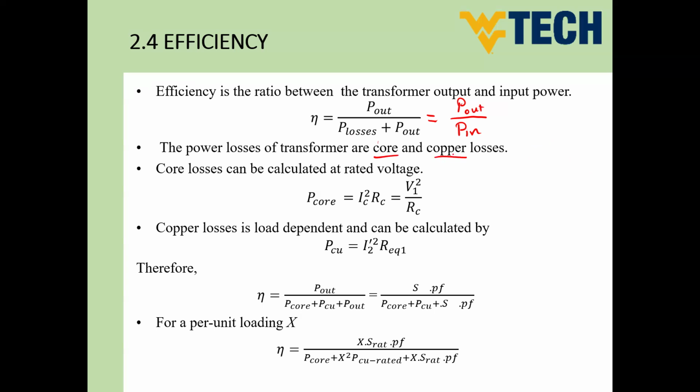Copper loss all of the time refers to the winding loss, which is the loss on the equivalent resistance of the windings. And core loss, which we discussed in the magnetic topics, is the summation of the hysteresis loss and eddy current loss. So these are the two losses in our device.